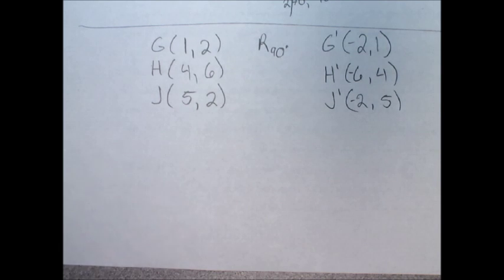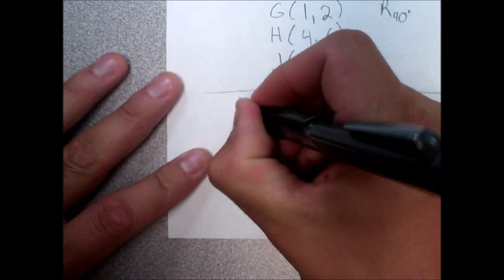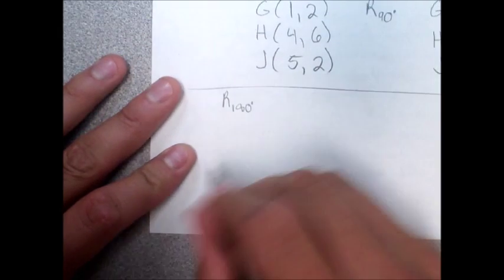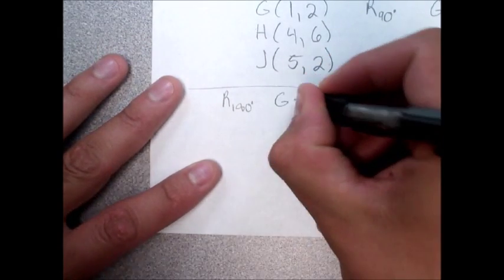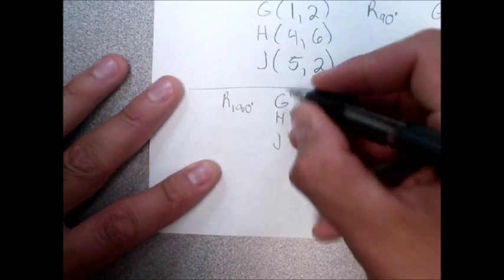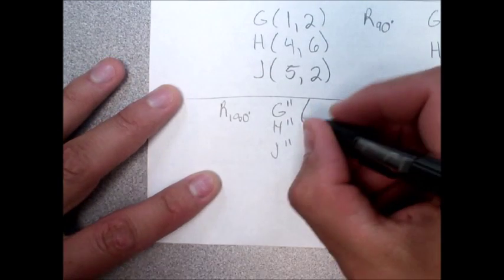What if it said, let's go ahead and rotate these babies 180 degrees? Okay, so I'm going to make this double prime. So G double prime, H double prime, and J double prime. Again, looking from the original, I got to look from the original here.